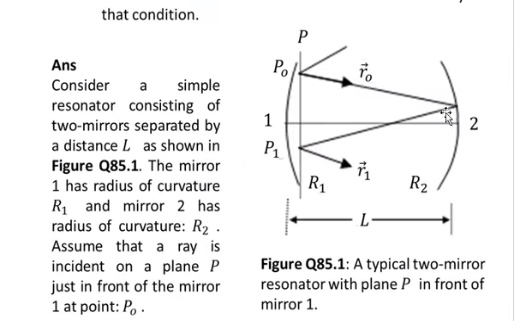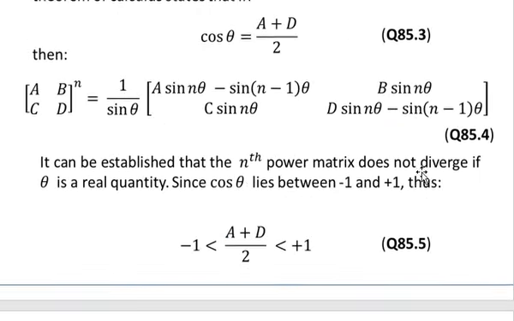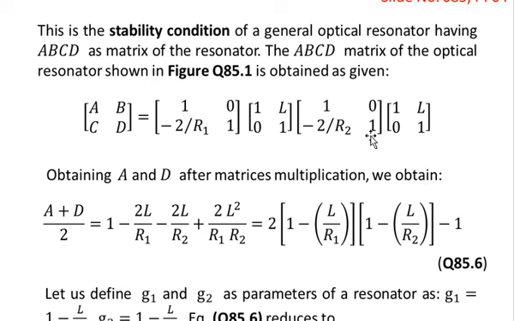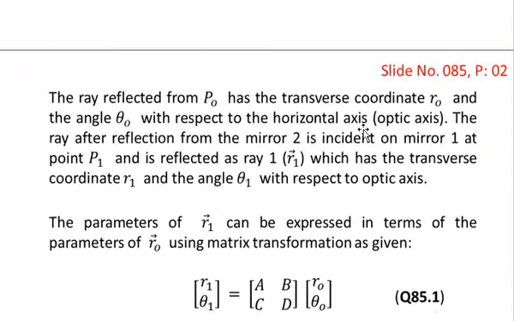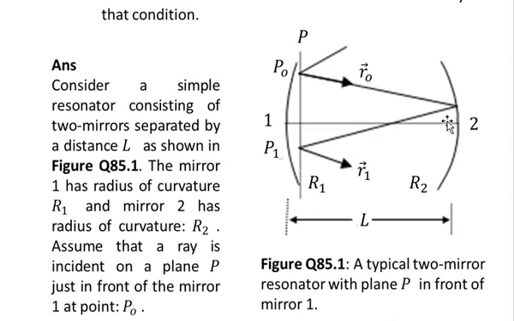Then you know that the reflection will take place at the surface of the mirror M2, and that reflection is represented by the second matrix from the right hand side, that is 1, 0, minus 2 over R2 and 1. Then after reflection from the mirror M2, the light will travel towards the point P1.